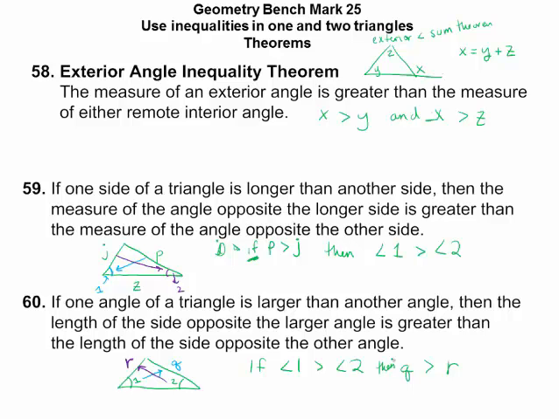The smallest side is across from the smallest angle, and then the medium side is across from the medium angle. Good?